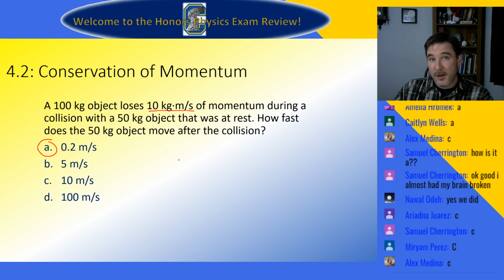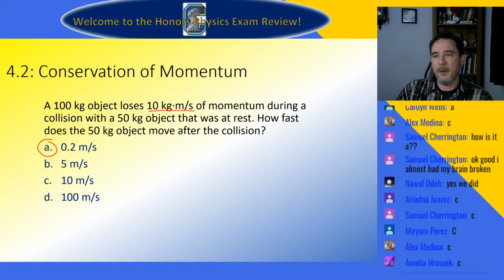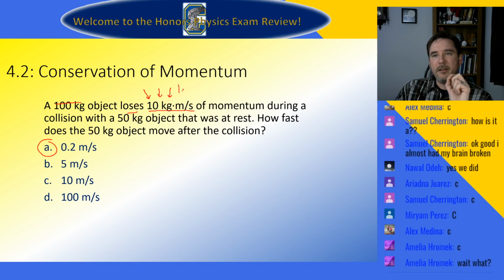I don't know if you overthought it or underthought it, but let's break it down here. I think I need to point out this is not necessary. Doesn't matter. The important information is this right here. It loses that amount. If it loses this, where does it go?